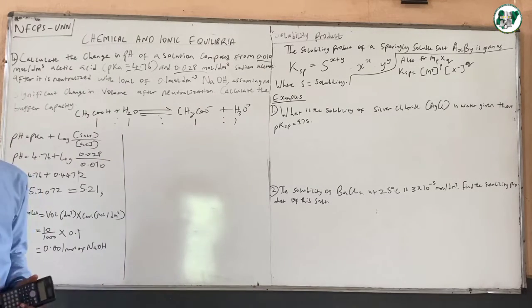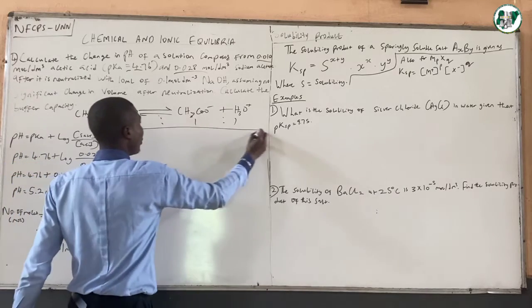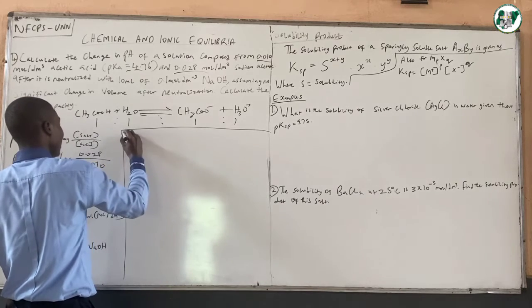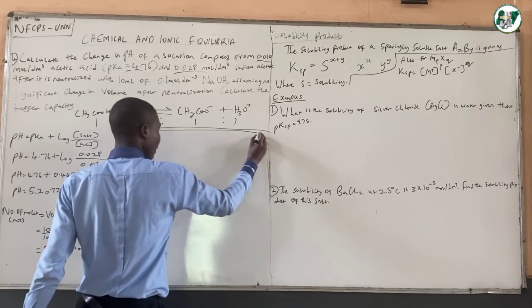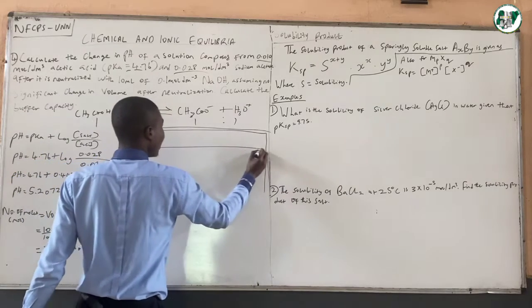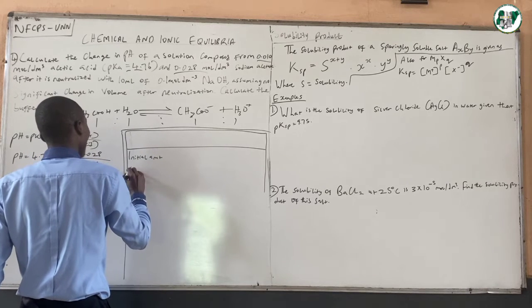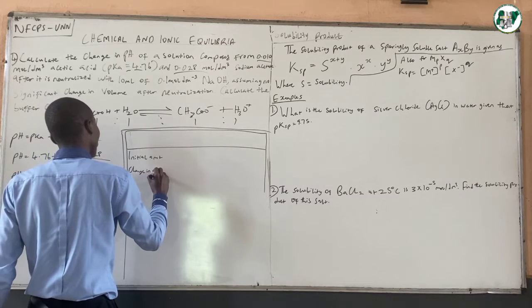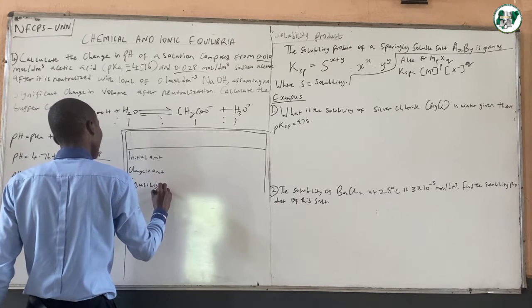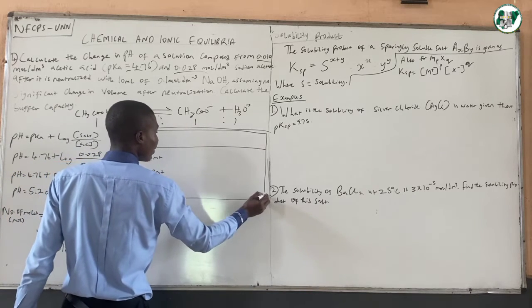So the next thing for us to do is to draw our ICE table. So this is our ICE table right here. As always, we have our initial amount, our change in amount, and then the equilibrium amounts.